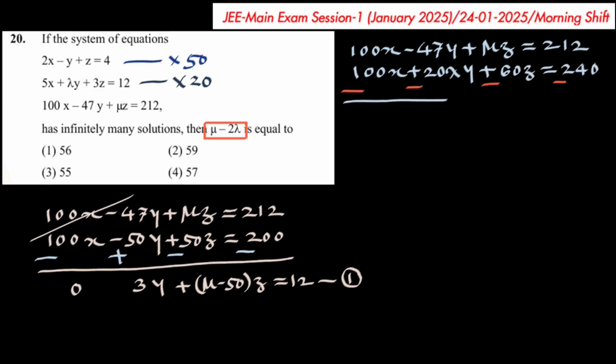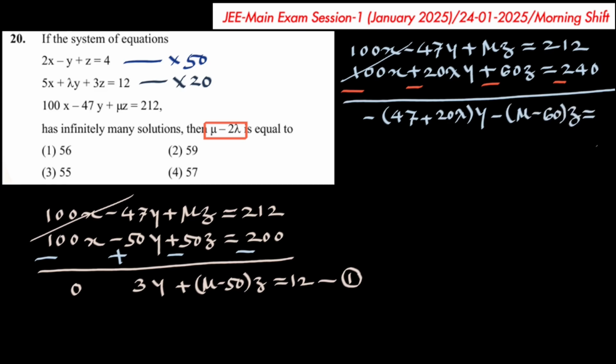After subtraction, this becomes minus of (47 plus 20 lambda) y minus (mu minus 60) z equals minus 28. Multiplying throughout by minus 1, this will be (47 plus 20 lambda) y plus (mu minus 60) z equals 28. We name this 2.